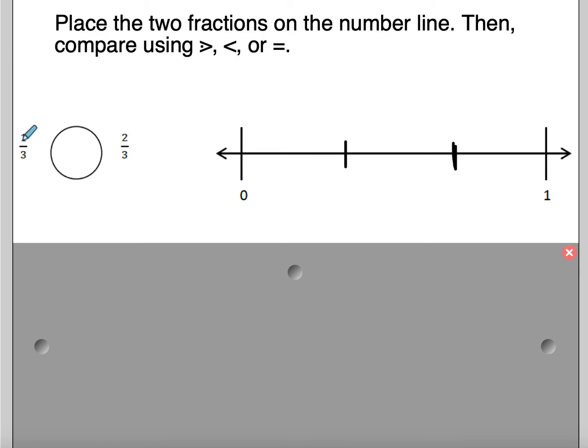So 1/3 would go right here, and then 2/3 would go right here. And my whole would be 3/3. So I can go ahead and write that up here just as a reference point. Let me label 2/3 in a different color actually.